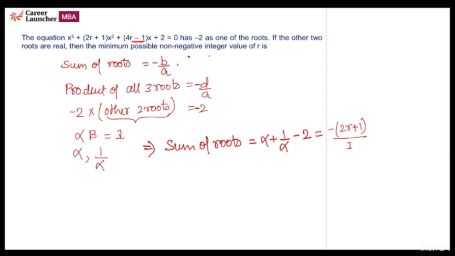Now, alpha plus 1 by alpha is equal to minus 2r plus 1.